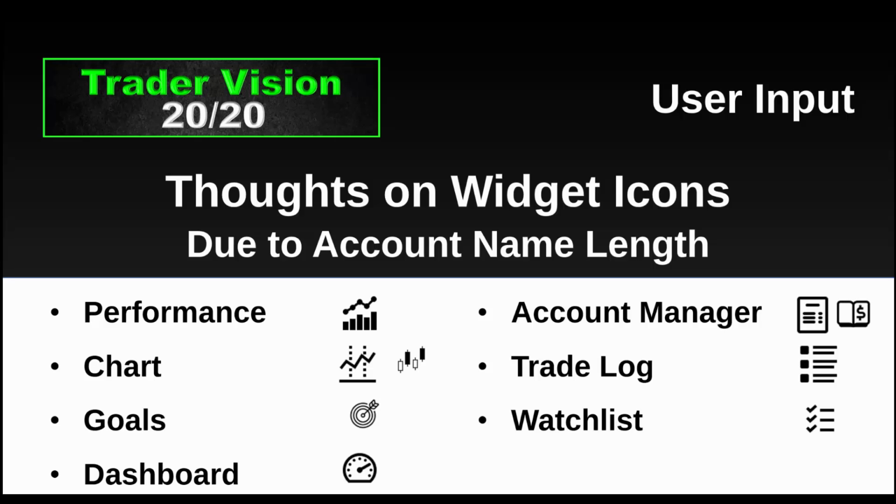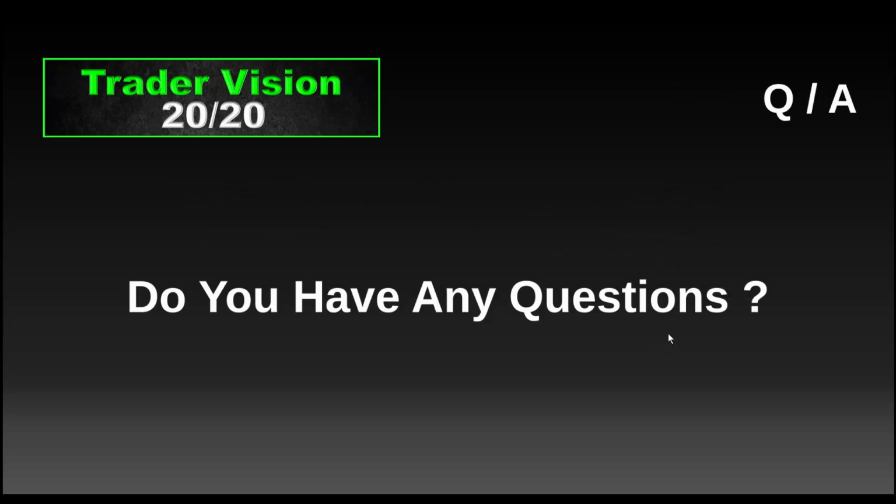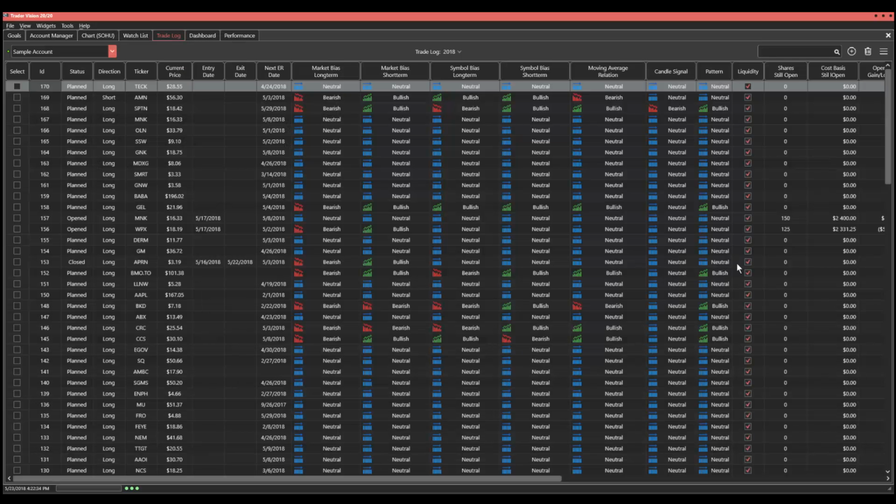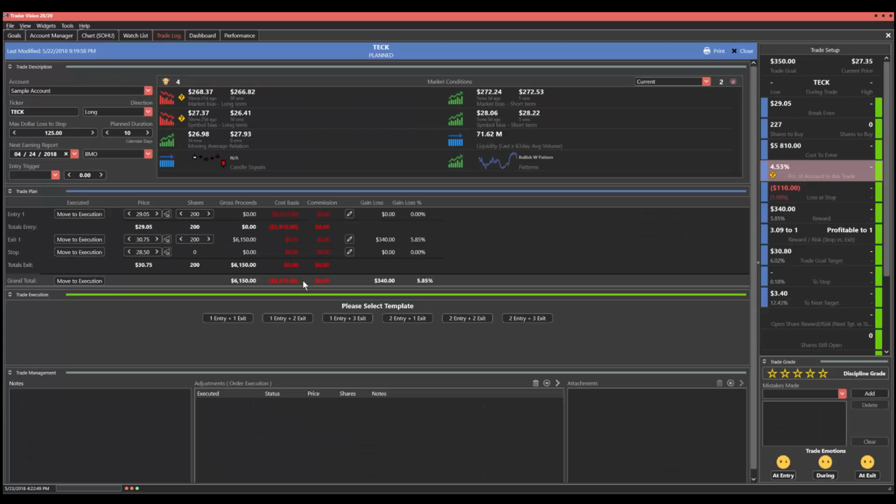I'm not sure I understand the question, but let me see if I can address it. So, other than the performance widget, is a report available? What do you mean? Do you want to write a custom performance report, or you would like a report from? You can print out a trade if that's what you're interested in doing.